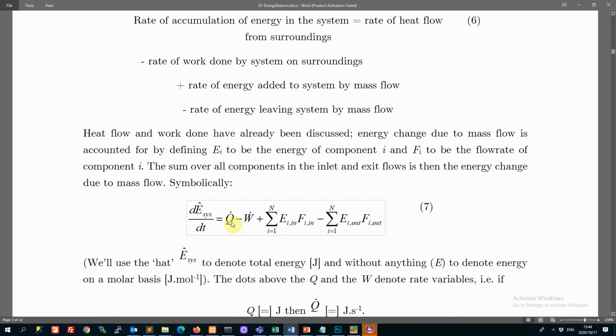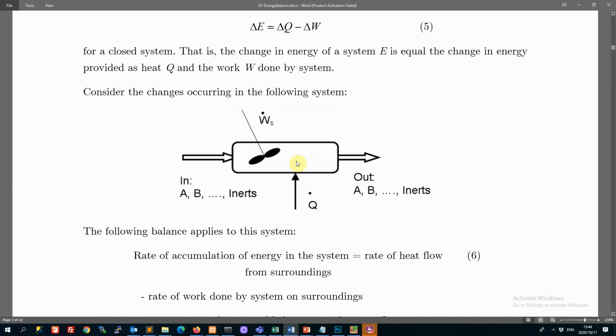And then we may be adding energy in terms of temperature difference. So for example, if you have a heating coil, you might be blasting steam into the coil. So the steam is in there and then the steam leaves.